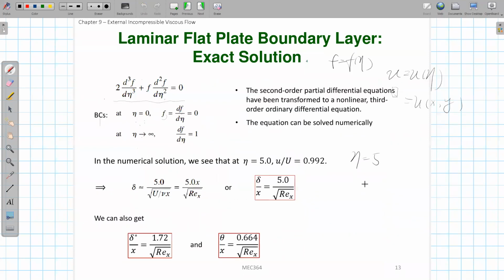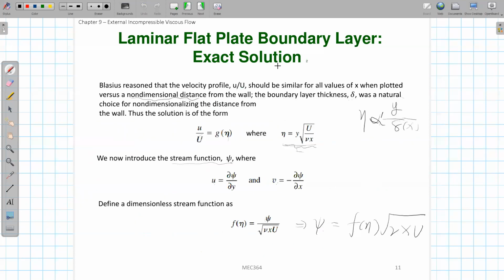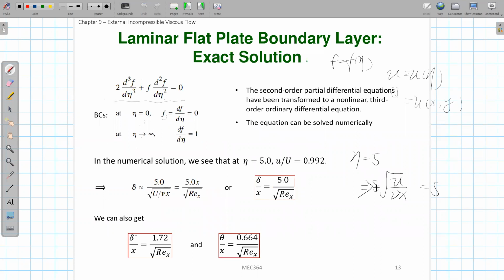Which means that delta times the square root of U over mu x equals 5. Just replace this y with delta, because with eta equal to 5, this y is the location where U reaches 99%. From this, we can solve for delta. Delta will be 5.0 over the square root of U divided by mu x.